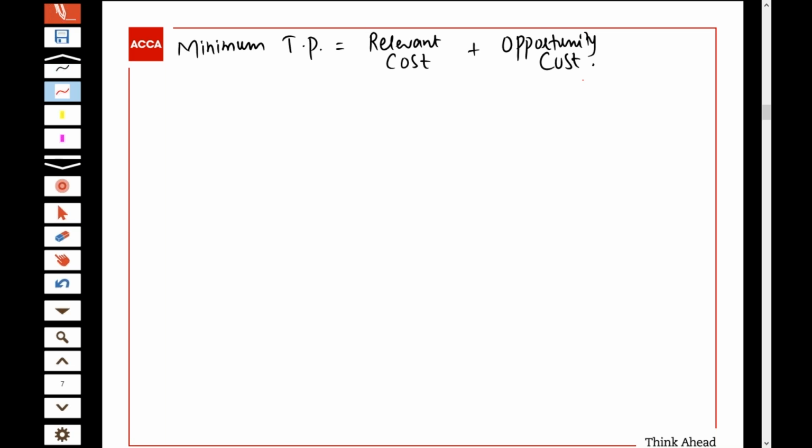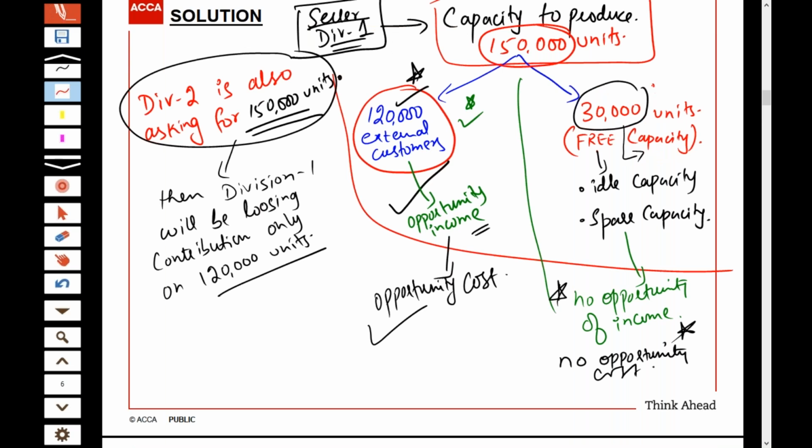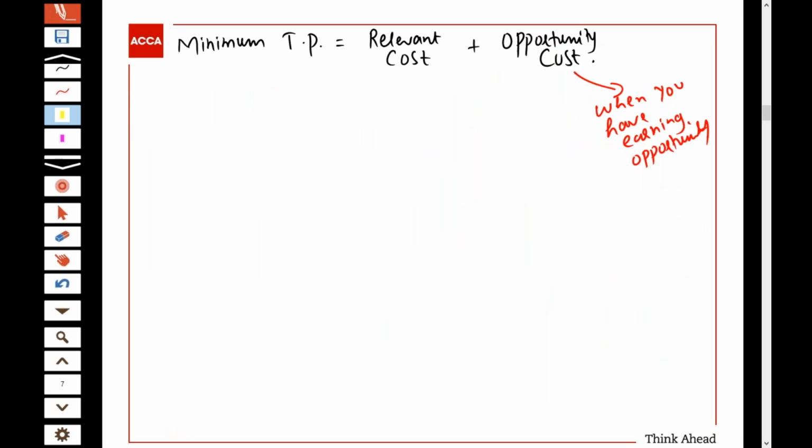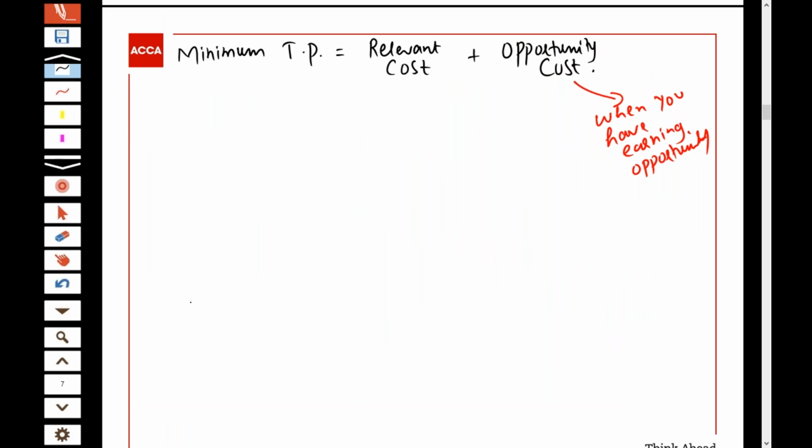And remember, opportunity cost is counted when you have an earning opportunity. Previously on 30,000 units you have no opportunity of income, so we will not be counting the opportunity cost.